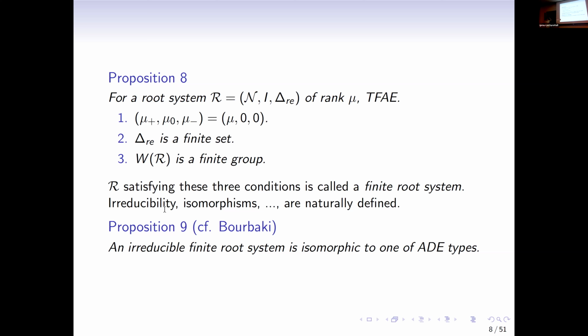I omit some detail, but in the usual way, we can consider irreducibility, isomorphism, and so on. Then we can consider the classification. For example, it is well known that an irreducible finite root system is isomorphic to one of A, D, E. This is a standard result.